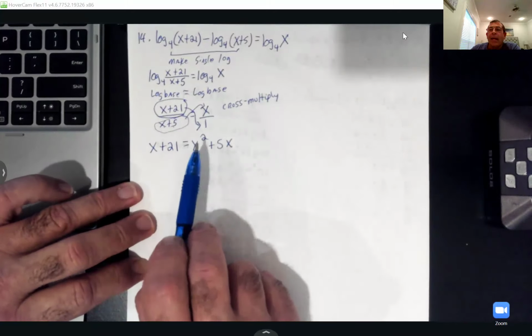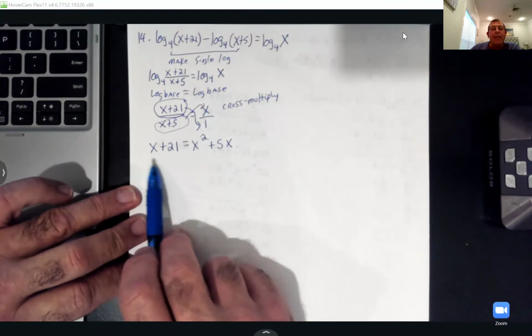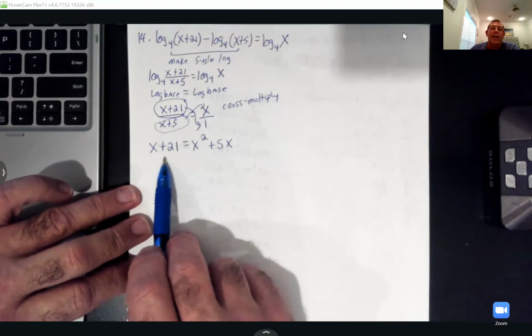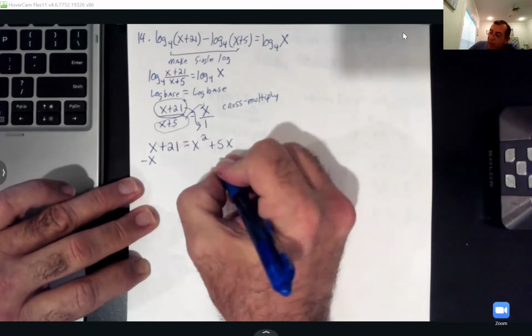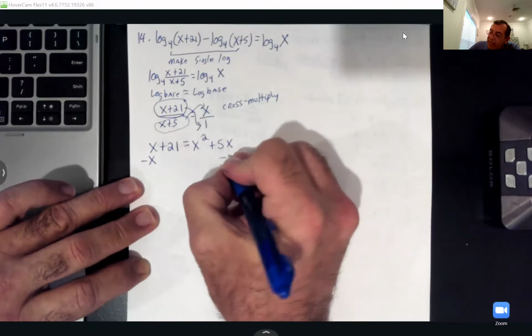All right, y'all, look here. X squared term. So both of these got to move over here so that I can get a 0. So we're going to subtract x from both sides. We're going to subtract 21 from both sides. I can subtract them both at once, okay?